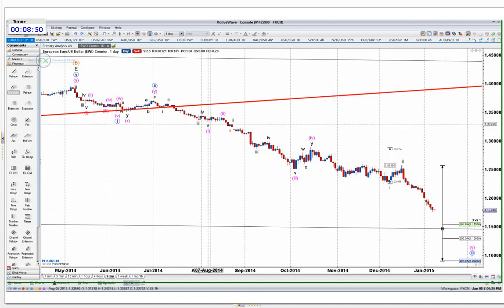If we projected the wave 3 based on the wave 1 using our Fibonacci tool, it's very extended. Let's try to do that now, just out of curiosity, because I haven't done that yet, to see how far it's traveled.